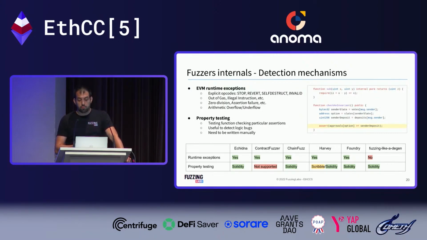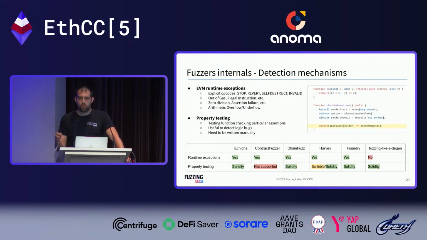Of course, almost all the fuzzers leverage the runtime exceptions, because, as I mentioned, that's free for us. And for property testing, it's a bit more particular. It really depends on the design of the fuzzer. As I mentioned, if the fuzzer is leveraging the source code, you compile the source code for the fuzzer and then the fuzzer is running on top of that.